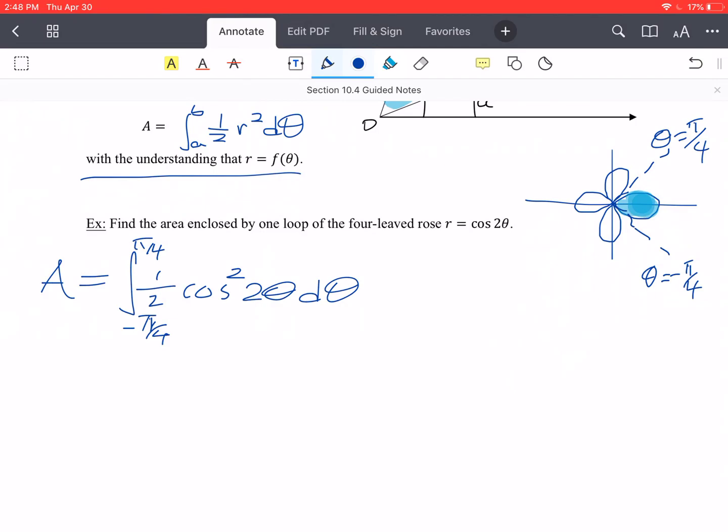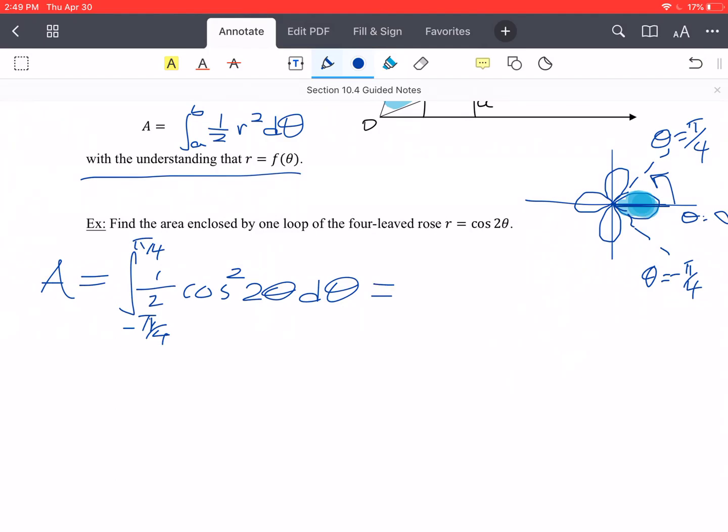Now we can actually use the symmetry of this to help simplify our integral a little bit. So notice it is symmetric about the pole, the positive x-axis there. So we can go ahead and just take the integral from theta equals 0 up to pi over 4, so this portion of it, and then just double that area, and that's going to give us the area of the whole thing.